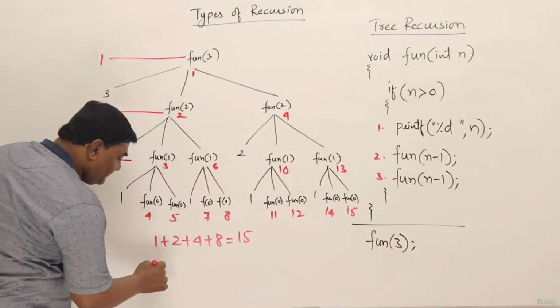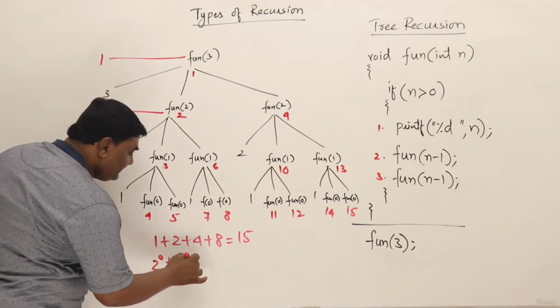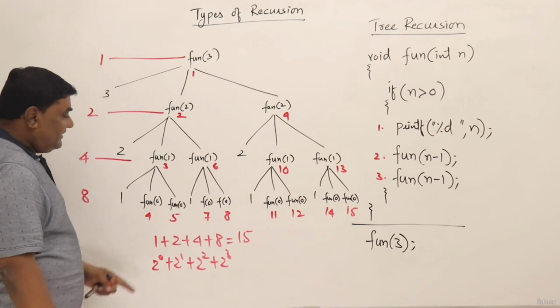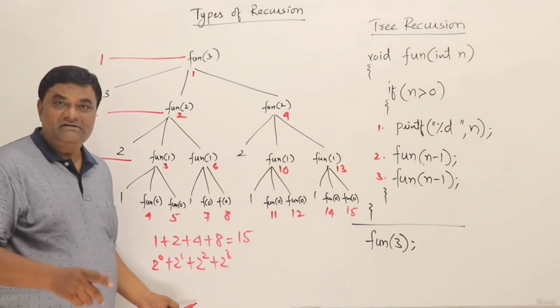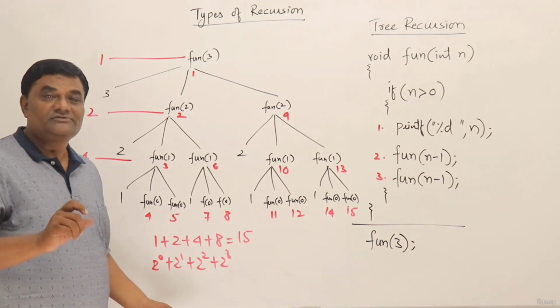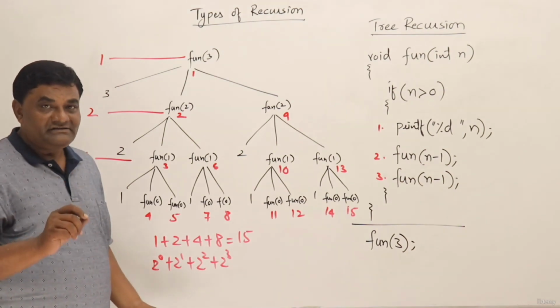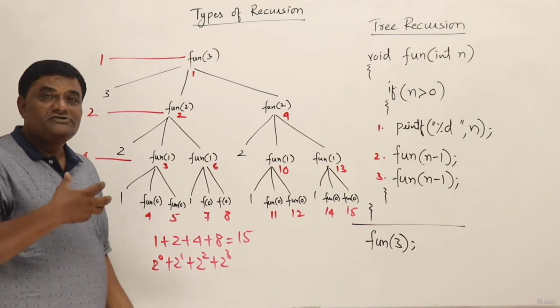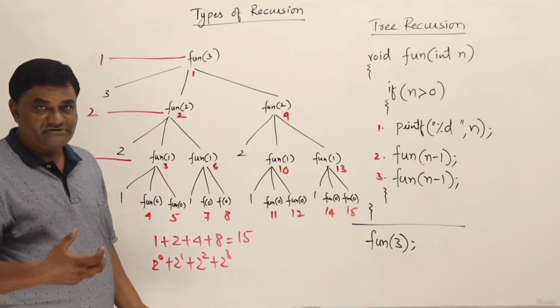So this is nothing but 2 power 0 plus 2 power 1 plus 2 power 2 plus 2 power 3. So this is nothing but the summation of terms of a series, that is a GP series, the sum of geometric progression terms.